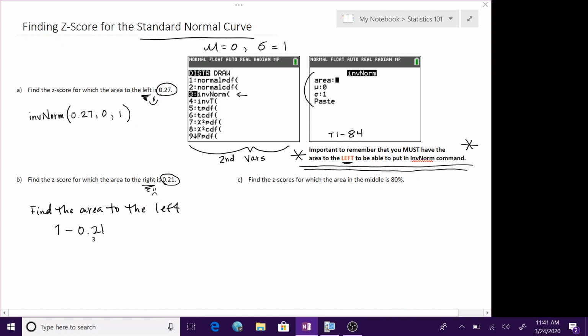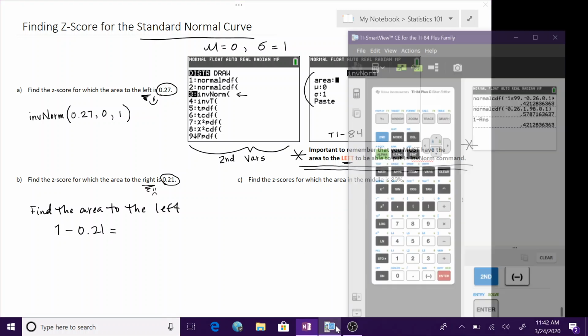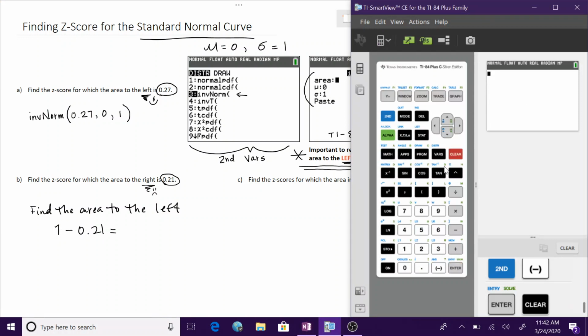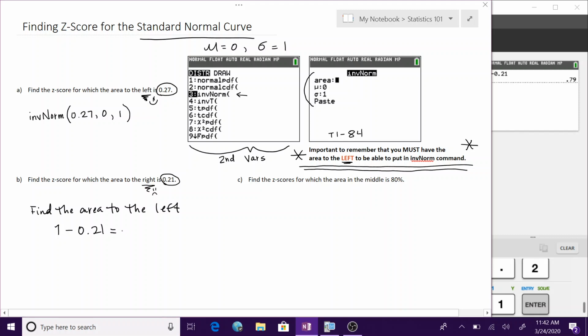0.21. Now you can either do this in your calculator, or you can put it in your calculator first and then find it. So if we decide we want to find it first, we're going to do 1 minus 0.21, and we find that the area to the left is going to be 0.79.